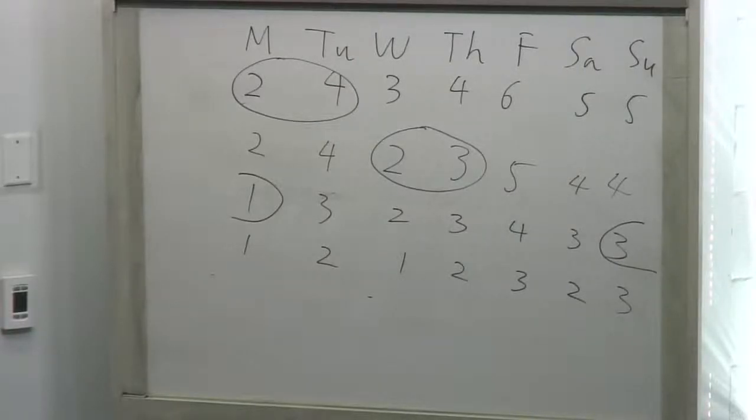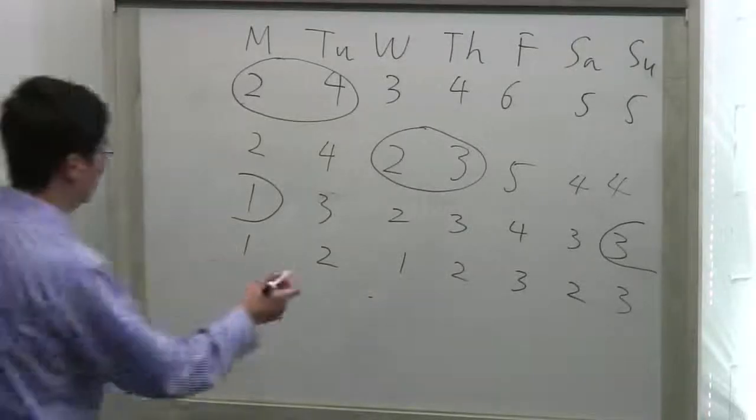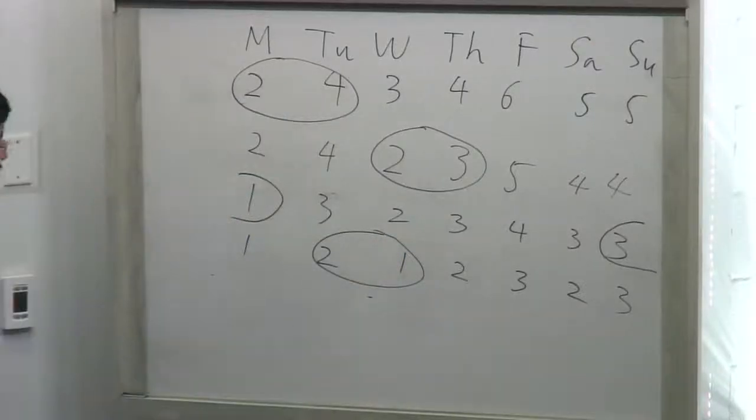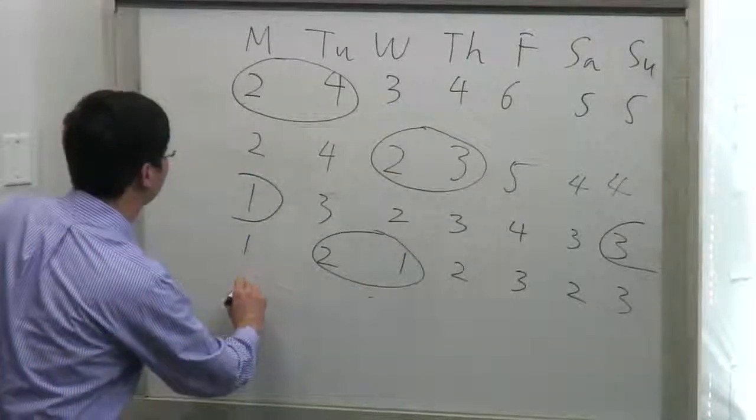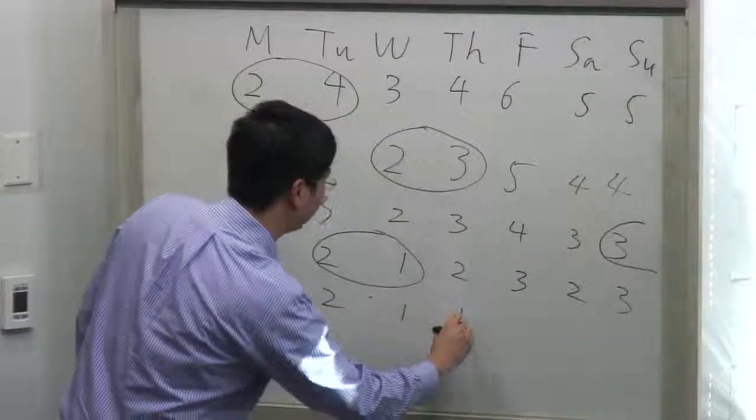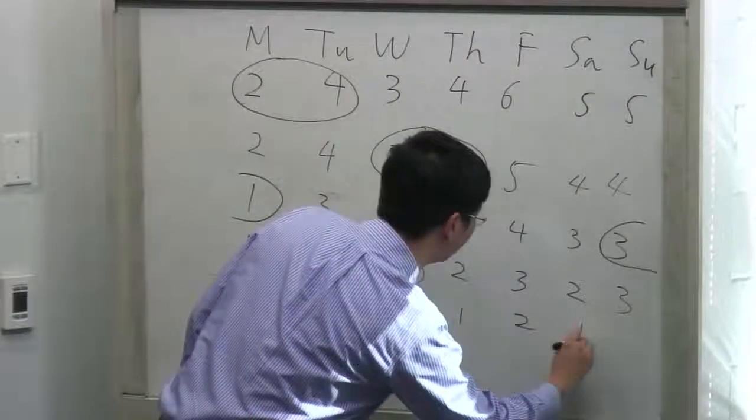JJ, your opinion? Tuesday and Wednesday, or Monday, Tuesday, same. Let's say Tuesday, Wednesday, follow your personal preference. Now you have 0, 2, 1, 1, 2, 1, 2.